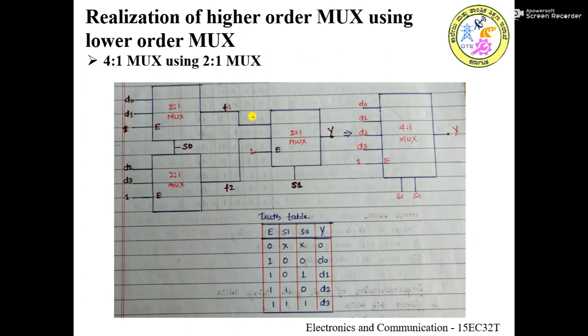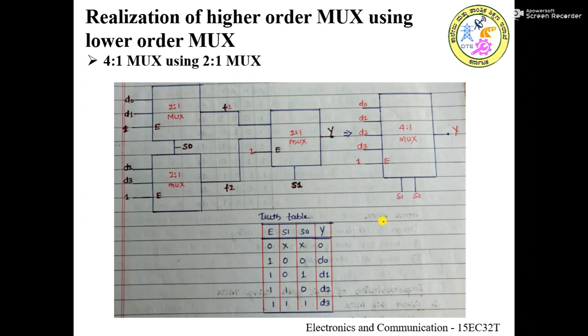First thing is, we have to divide the 4 by 2, then I will get a value 2 here. That 2 indicates the number of multiplexers which will share common select lines. Then again the quotient has to be divided by the available multiplexer input data lines, that is again by 2.